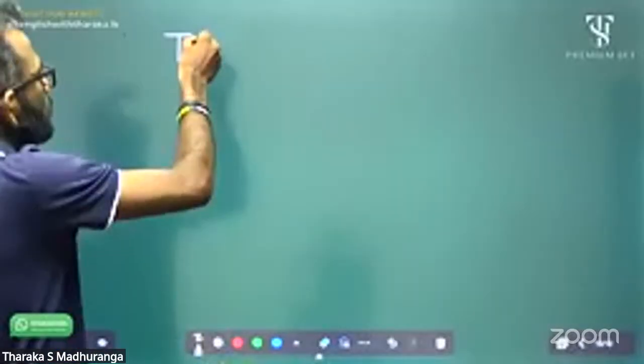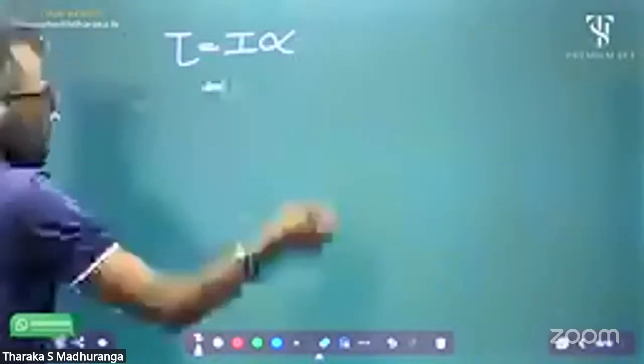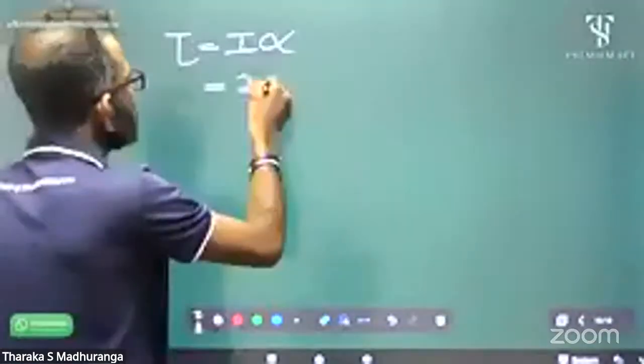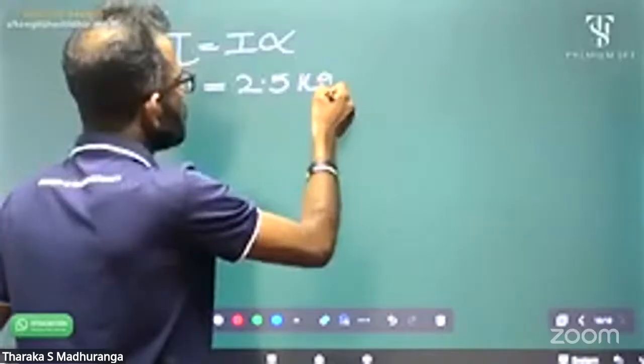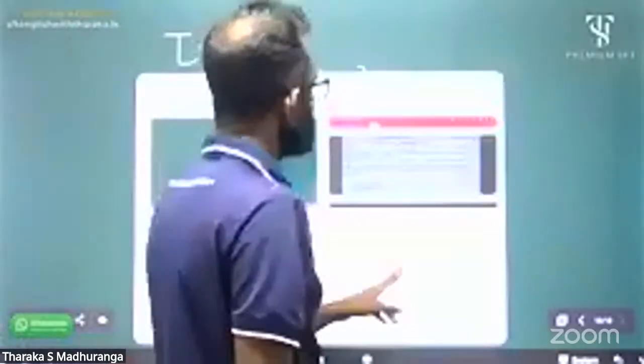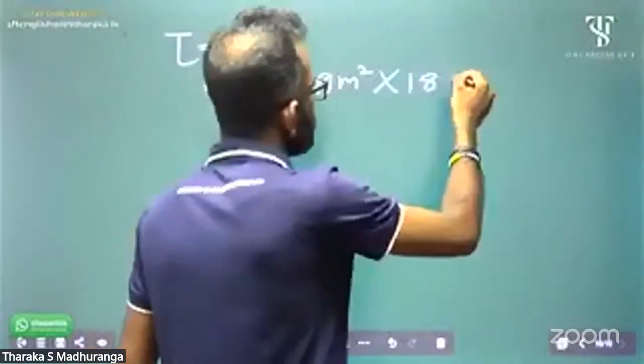Now you can calculate: torque equals I alpha. The moment of inertia is 2.5 kg m squared. Angular acceleration is 18 radians per square second.